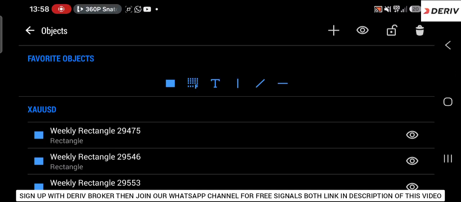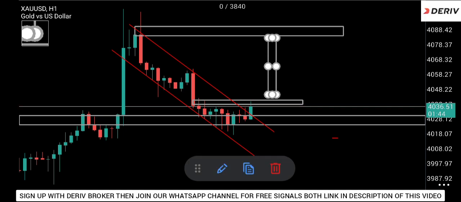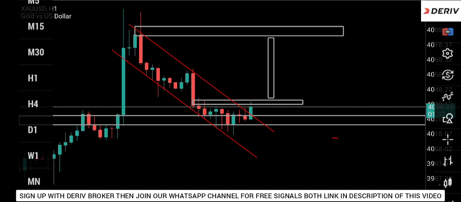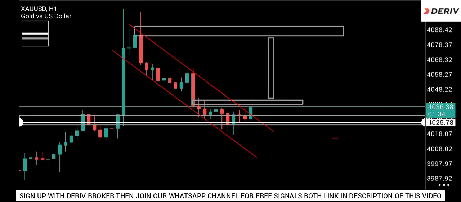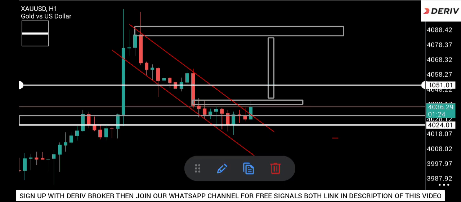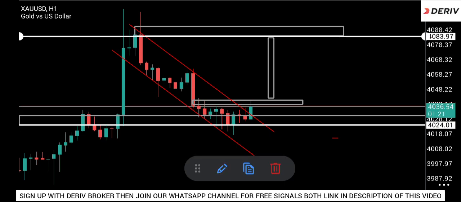You buy above this area, you take your profit here, then your stop loss below here at 40.24 and your TP here at 40.83.